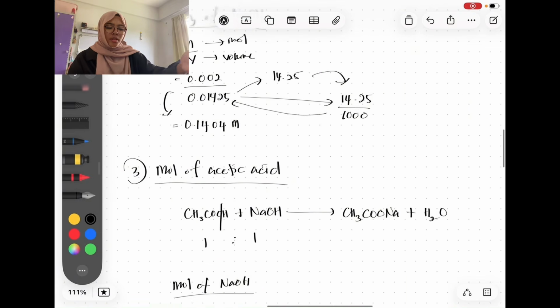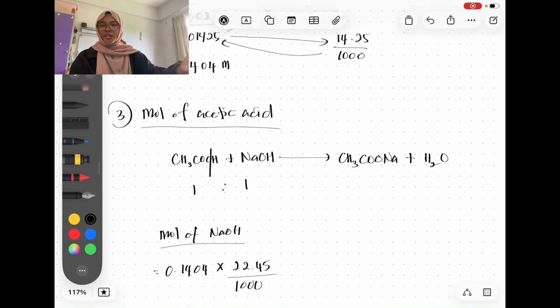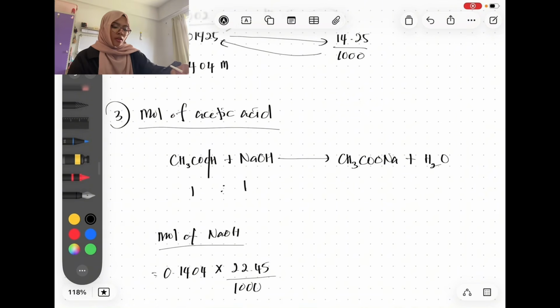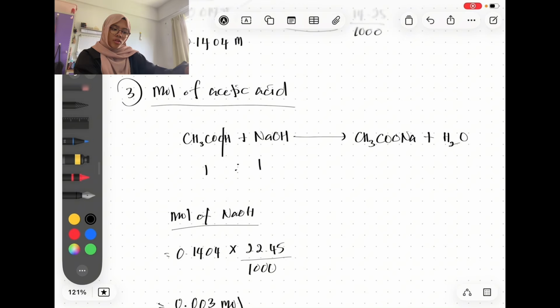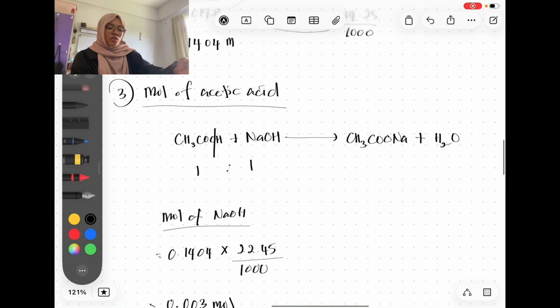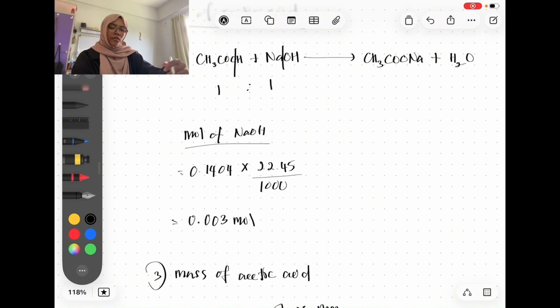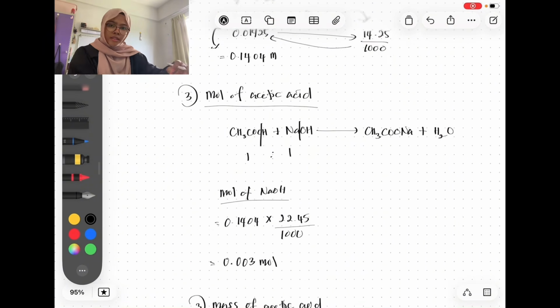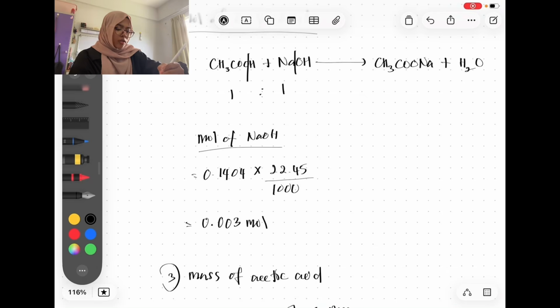The third step is we need to find the mole of acetic acid. Acetic acid, as we know, is CH3COOH. Now, to find the mole of acetic acid, we need to make an equation because it reacts with NaOH. So CH3COOH plus NaOH will produce CH3COONa plus water. From this, we need to find the mole: 0.1404 times 22.45 over 1000, you will get 0.003 mole.